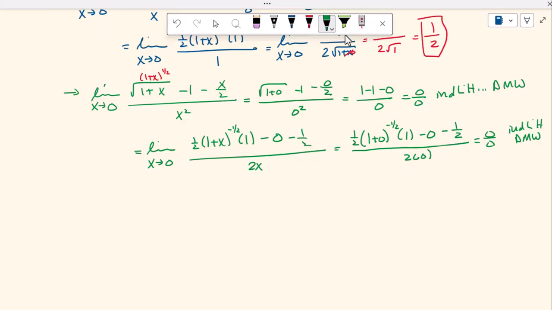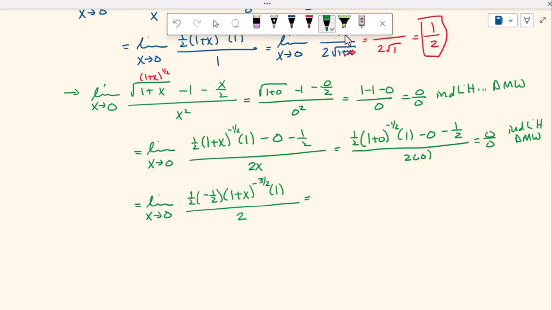Okay, so we have the second iteration of L'Hopital's here. These are cool. Now I'm going to have to take the derivative again. I already have this 1/2. I bring the negative 1/2 down, decrease the exponent by 1, and then multiply by the derivative within. The derivative of 0 is 0, the derivative of 1/2 is 0, and in the denominator, the derivative of 2x is 2.